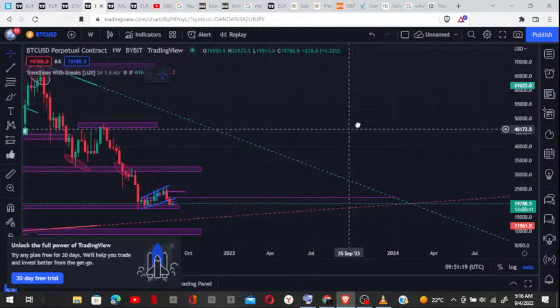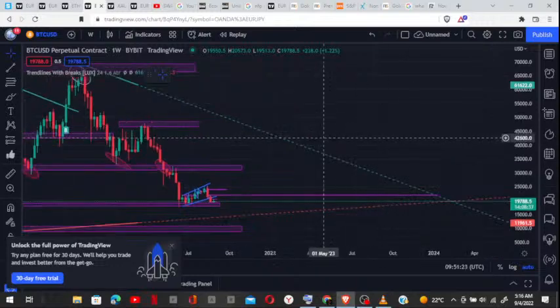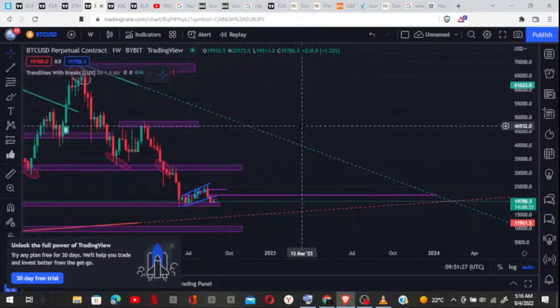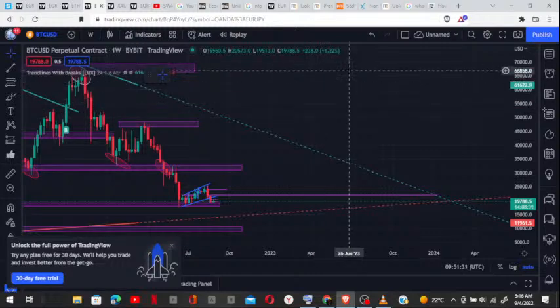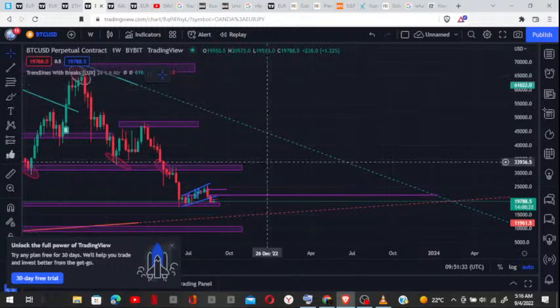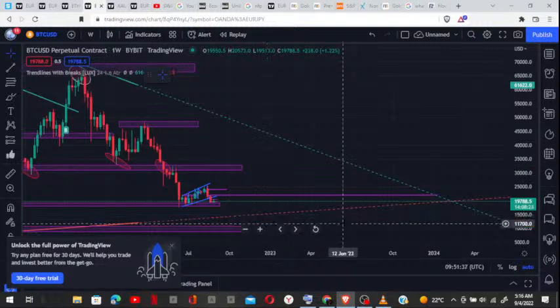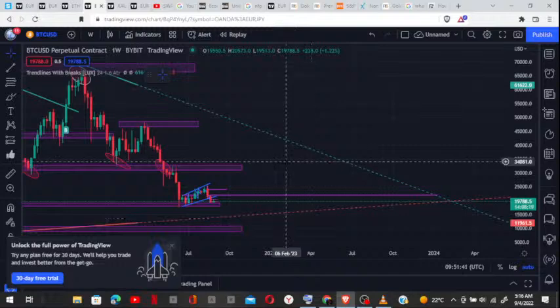So one thing to have in mind is that if the market decides to hit these levels and break out from this line, we'll be having a long buy, maybe quite some buys going upwards. But if the market decides to break out from these, then we'll be having sells. So we'll be given a sell signal using these indicators.